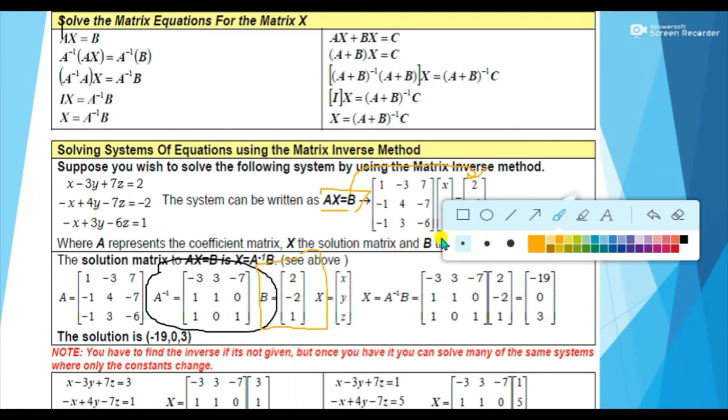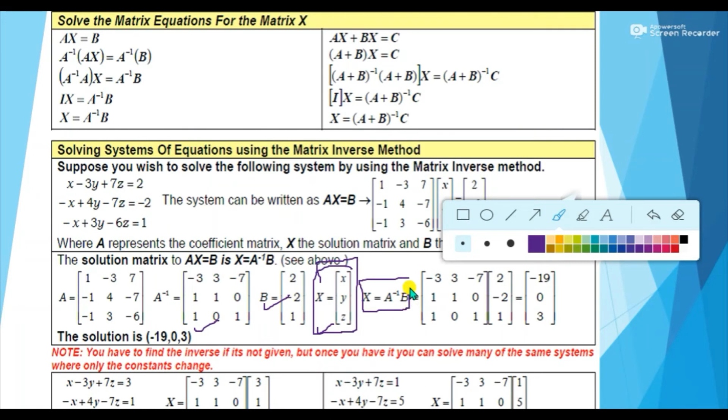So this is the B matrix, and this is the X matrix we need to find. This is our A inverse known to us, this is the B matrix, and this is the X. Now putting these values in the formula, we will find the solution.